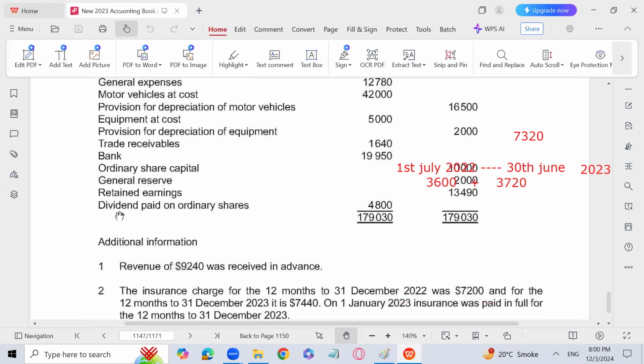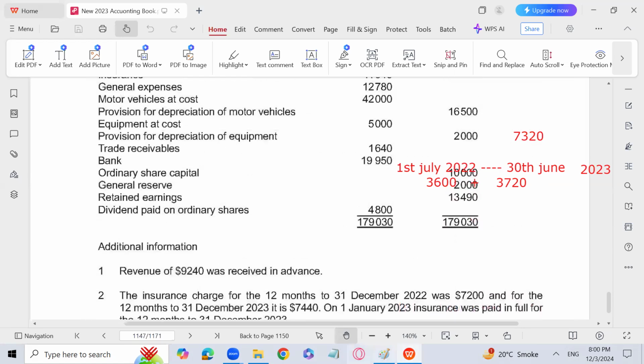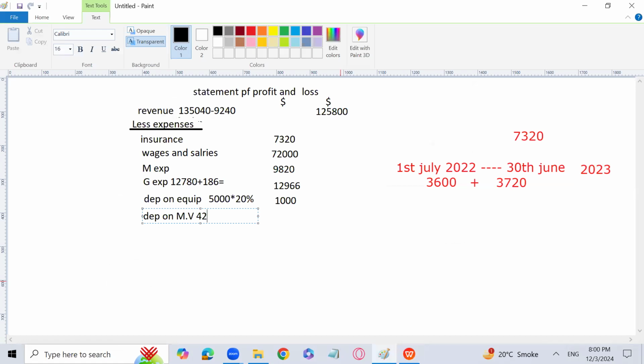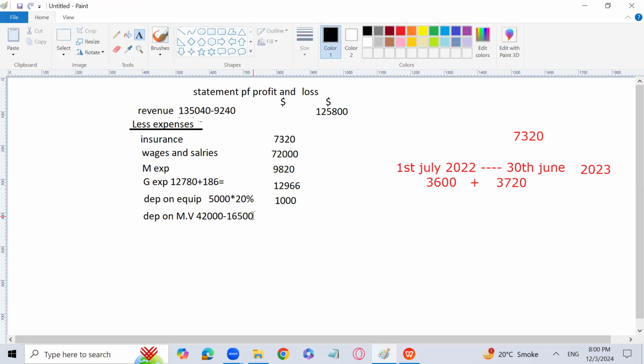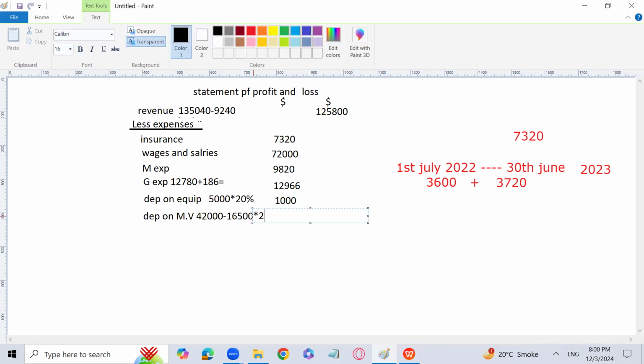So 42,000 minus 16,500, multiplied by 25%, gives the depreciation on motor vehicle under the reducing balance method, that is 6,375.